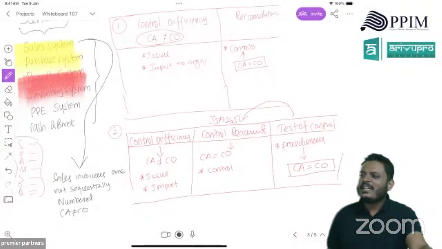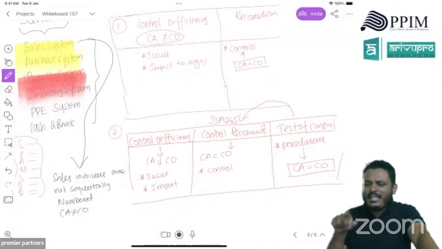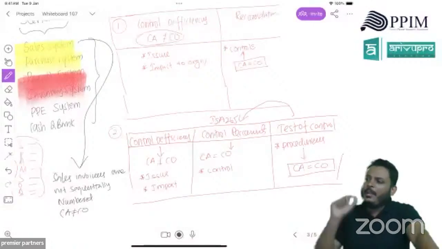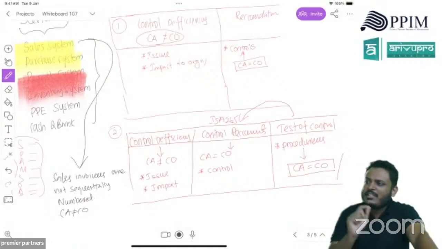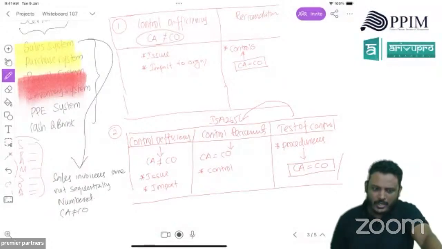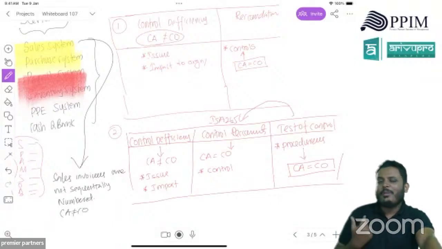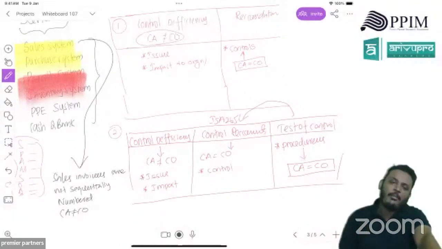Simple, right? Because in a service organization like PPIM, the major portion of capital is converted to assets. Capital plus liabilities equals assets, C + L = A. So as an auditor and an accountant, it's my duty to implement controls in the organization I belong to.